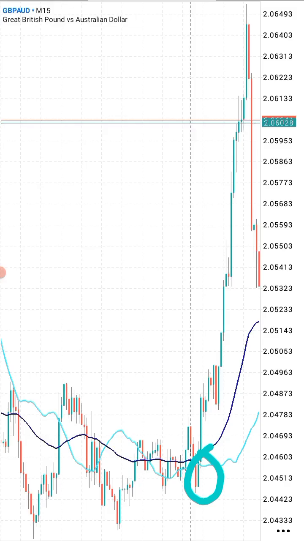The use of this is that in a strong trend, all lines are stacked in order, pointing in the same direction, and remain separated, which indicates strong momentum.